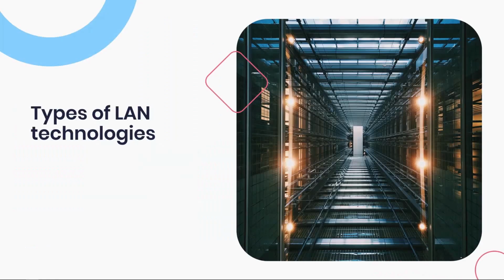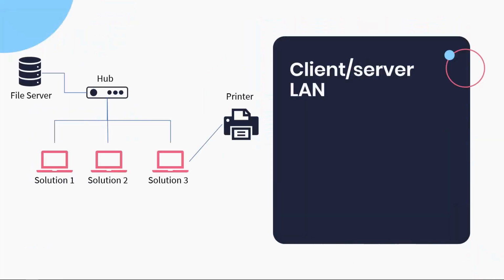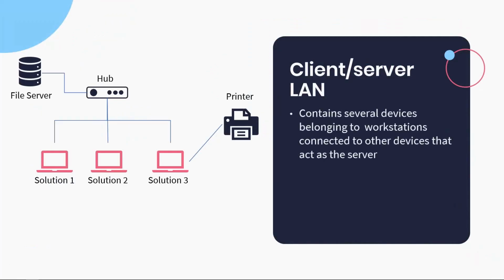LAN technologies can either be client or server, or peer-to-peer. The type of devices that are used depends solely on the type of LAN technology to be implemented in the network. Let's look at each of these a bit closer. If you look at this diagram, you will see that a client or server LAN contains several devices belonging to a client or workstation that are connected to other devices that act as the server.